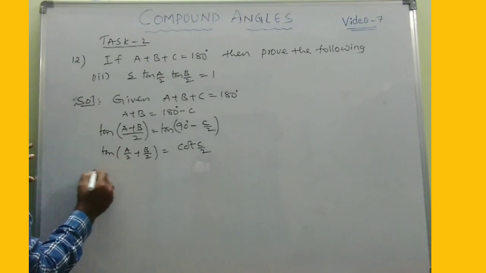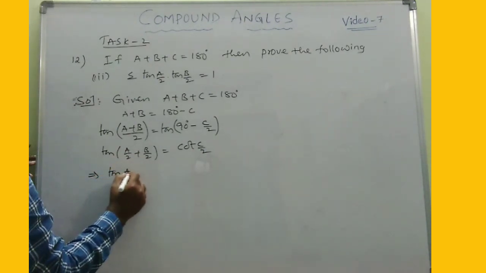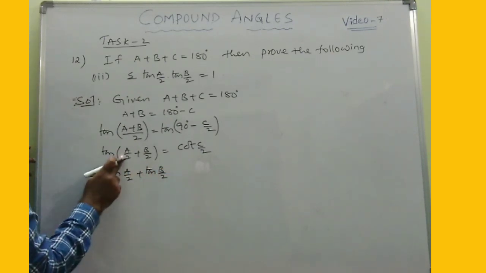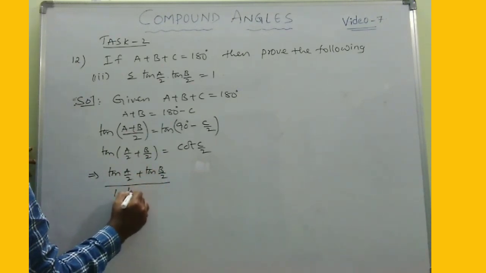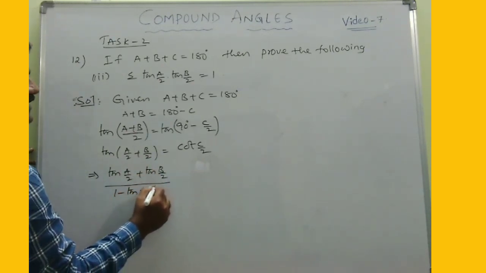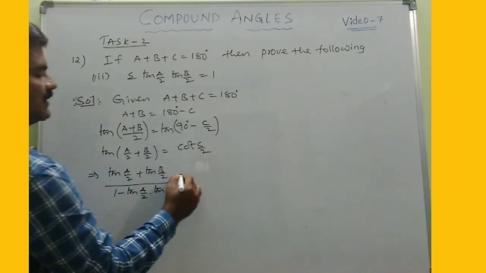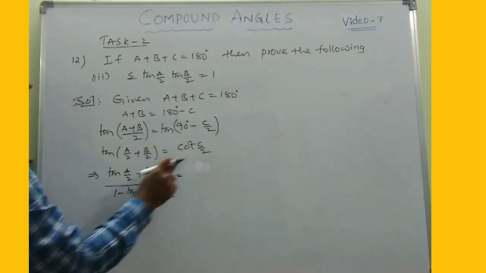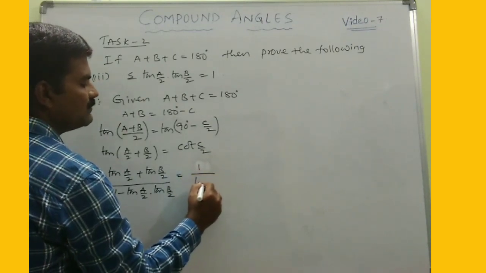Okay, so expand this tan of (A plus B) formula, which is tan A plus tan B, where A means here A by 2 and B means B by 2, divided by 1 minus tan A into tan B. Please take care about the substitution. Since the problem is completely in terms of tan, the right side is 1 by tan C by 2.